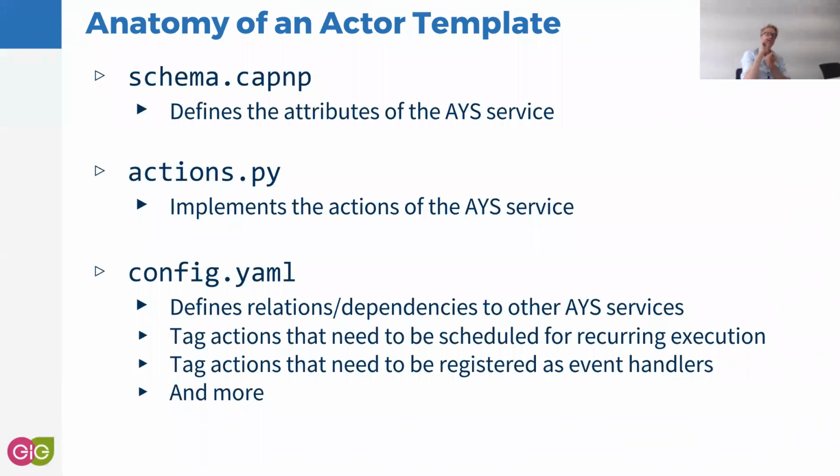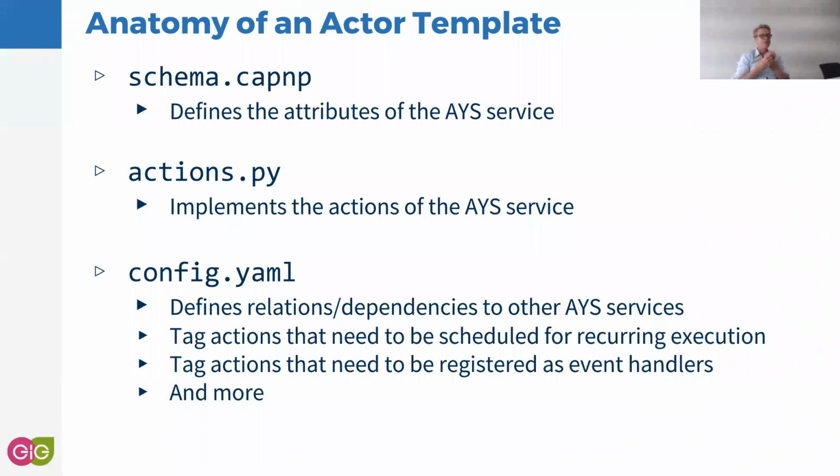Remember in the lifecycle story that you could spin off an AYS service, and that's it. And the AYS service, once it's spun off, knows very well without asking what to do. Why? Because you scheduled, as part of the configuration, automatic recurring execution of some of its actions.